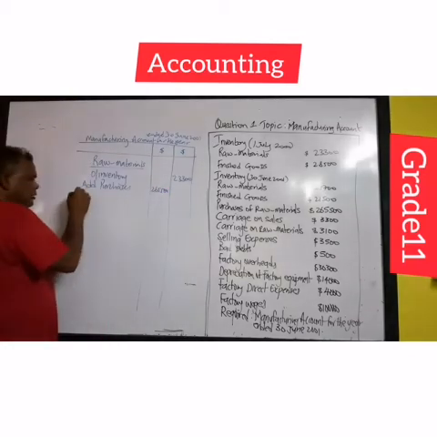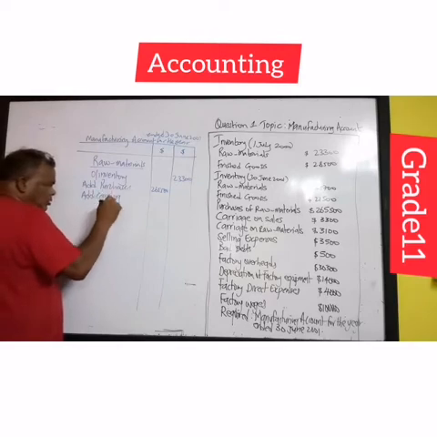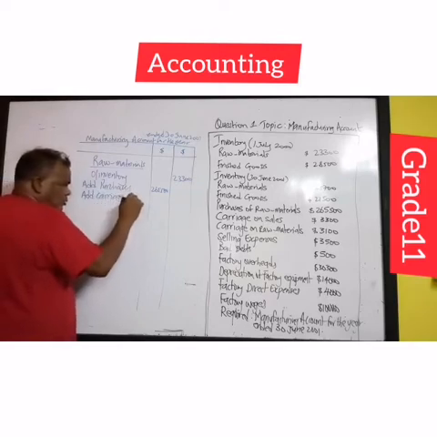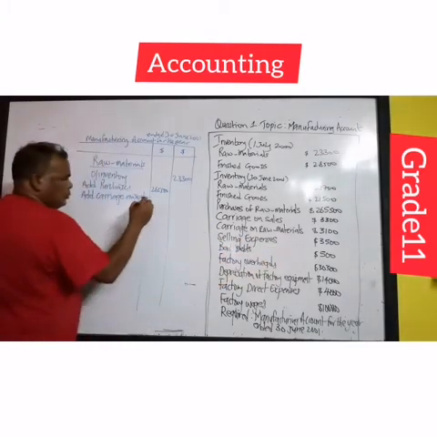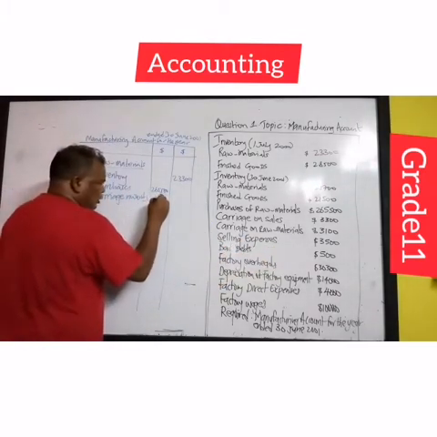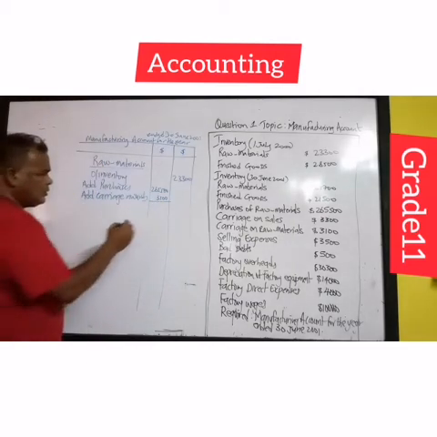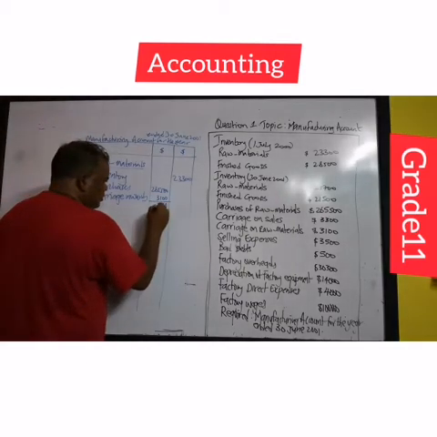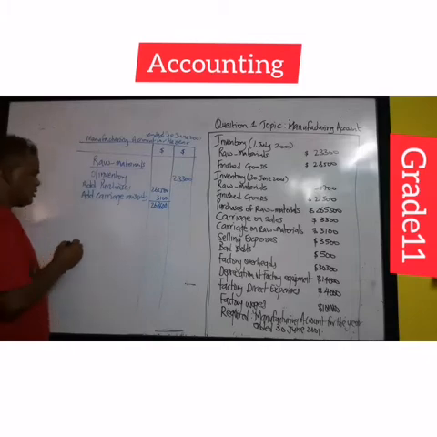Add carriage on raw materials, carriage inwards, 3,100. Then we add these two. This will give us 268,600.